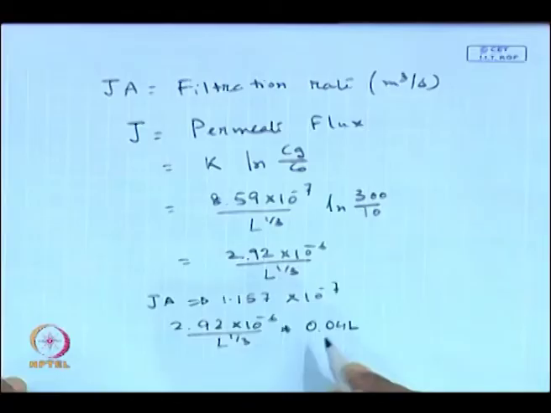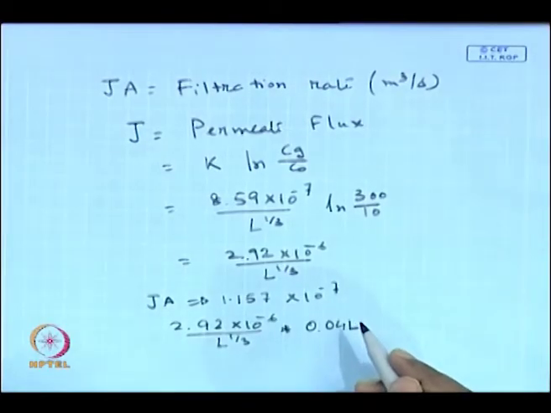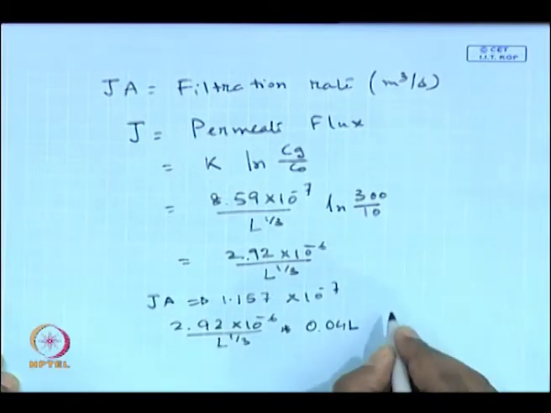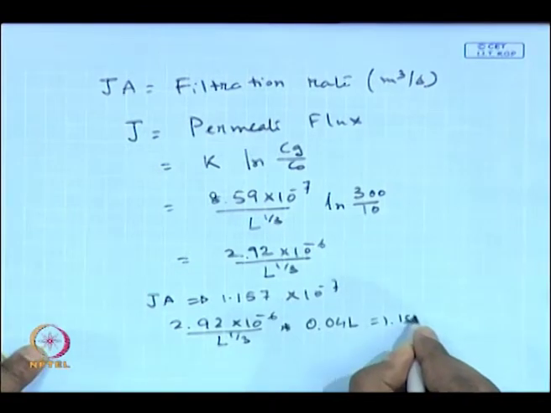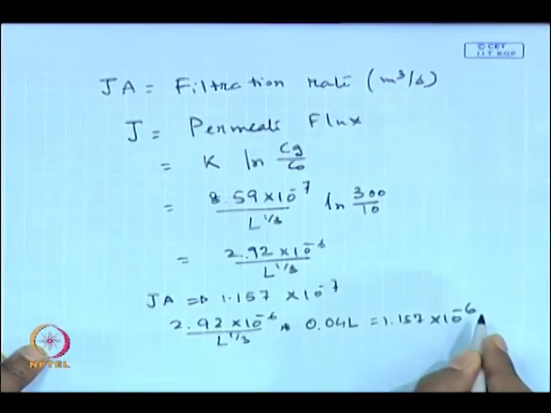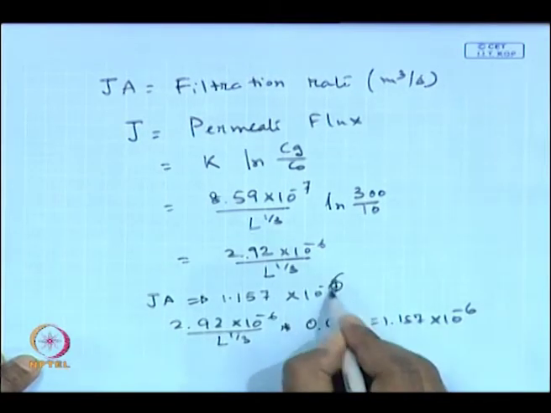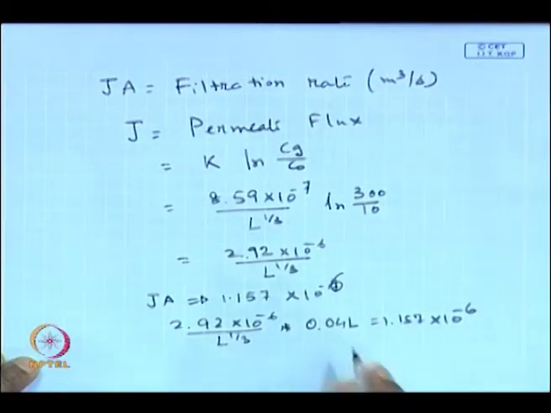In this problem, we have used the membrane kept only at the bottom of the channel. So, 0.04 L is equal to 1.157 into 10 to the power minus 6. So, this turns out to be L equal to around 30 meter.